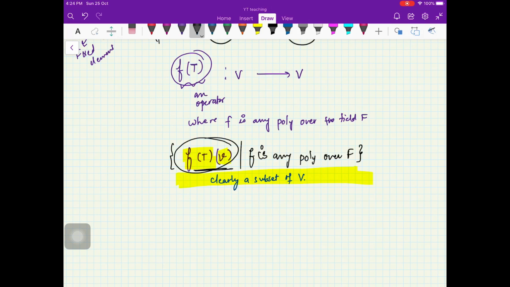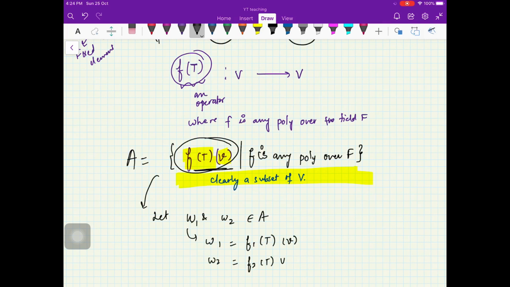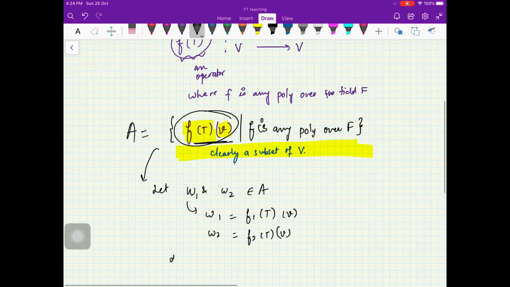Now we will prove that this is actually a vector subspace of V. If you call this set A, take two elements w1 and w2 belonging to A. So w1 looks like f1(T) operating on v, and w2 looks like f2(T) operating on v.